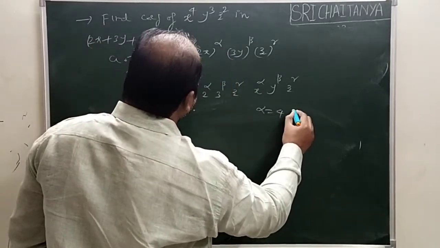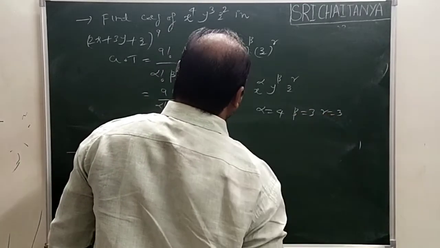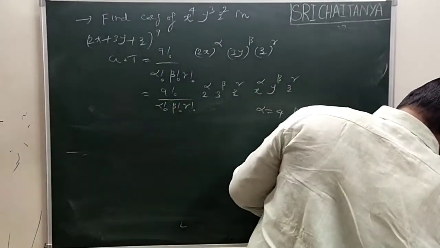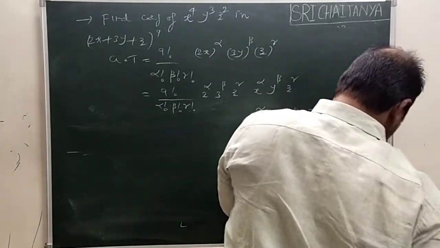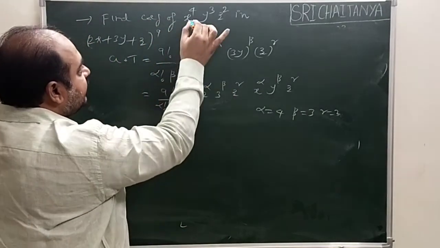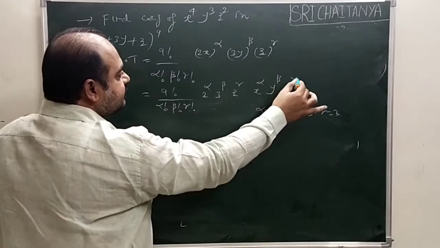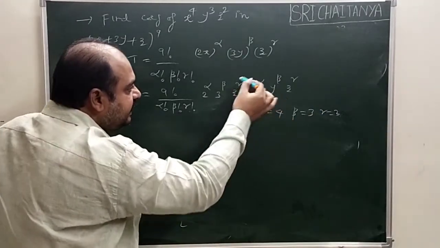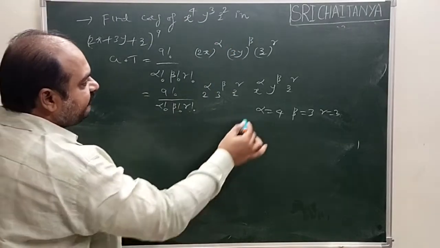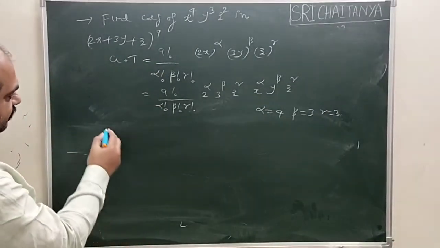That means alpha equal to 4, beta equal to 3, gamma equal to 2, if you substitute, then you will get the term containing x power 4 y cube z square. In binomial also we equate like that. Here he is asking this, therefore put alpha equal to 4, beta equal to 3, gamma equal to 2.